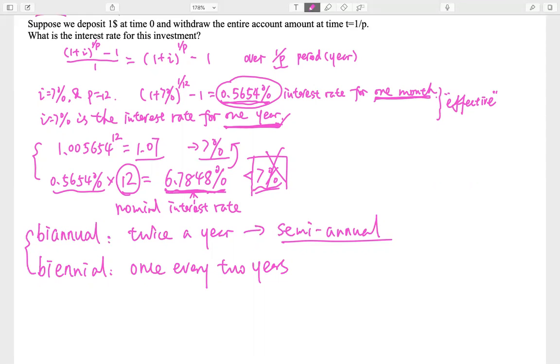Next, we do the discount. Discount is always a little more complicated than interest rate. So first of all, what we need is, let me type. So we have something similar, okay? We still let P be an integer number.